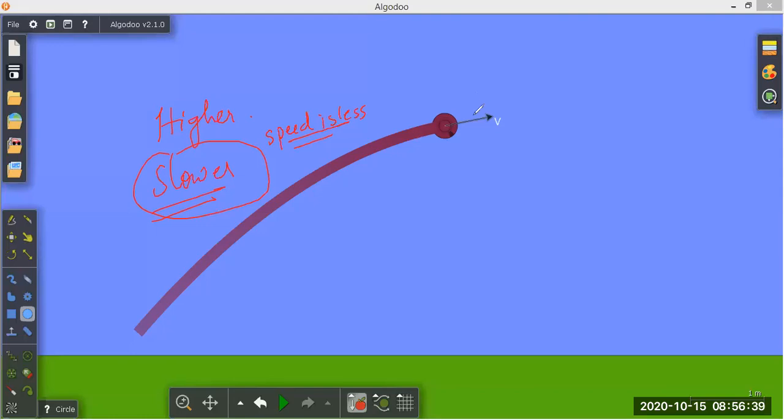Magnitude of velocity is indicated by the length of the arrow. I hope you remember that the length of the vector indicates magnitude. So as it goes higher, the speed is decreasing, and the magnitude of this velocity vector is decreasing, so it's getting smaller in size, right?